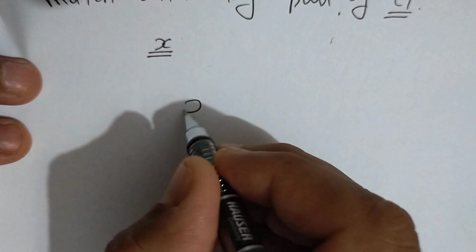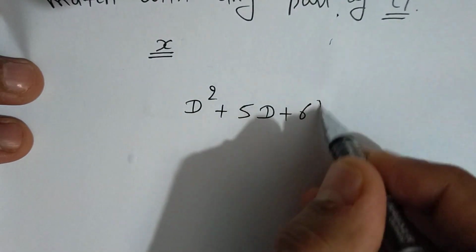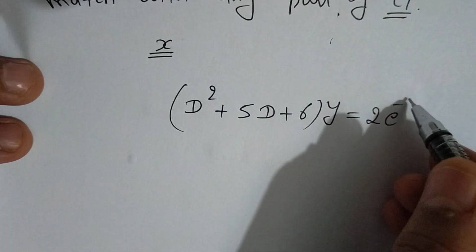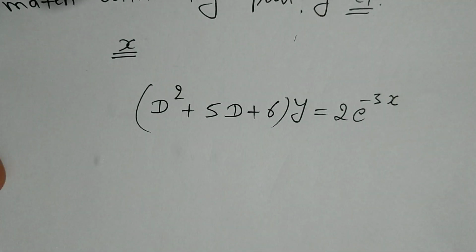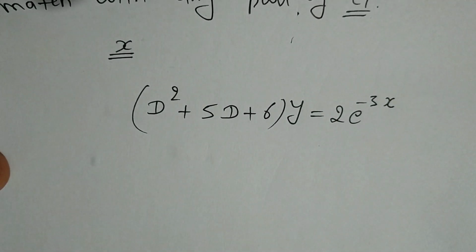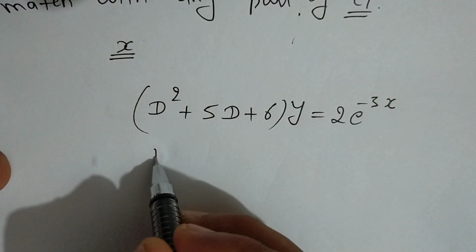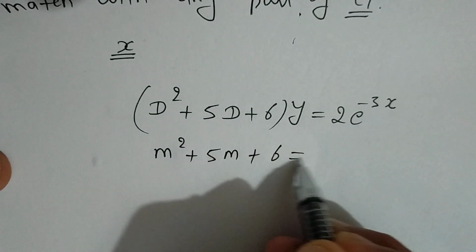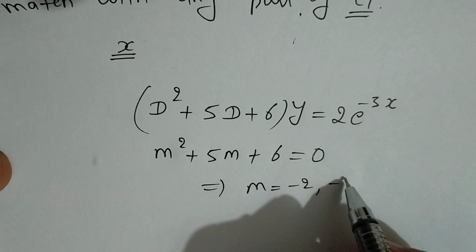Suppose we have (D square plus 5D plus 6) y equal to 2e power minus 3x. So this is the given differential equation. So we write the complementary function. First we write the auxiliary equation, so that will be m square plus 5m plus 6 equal to 0, which implies m equal to minus 2, minus 3.